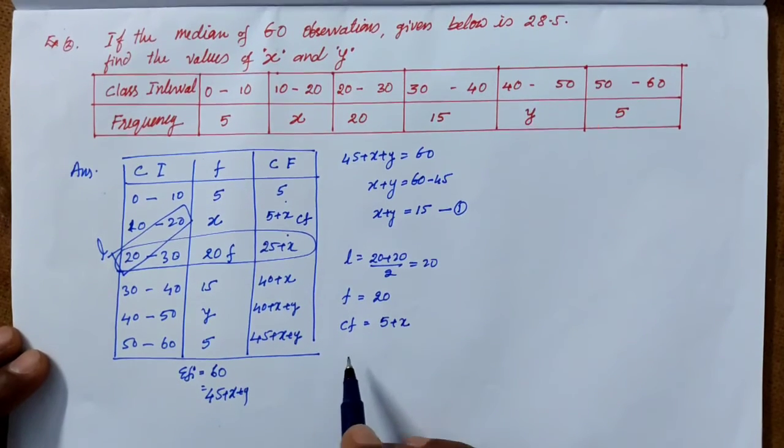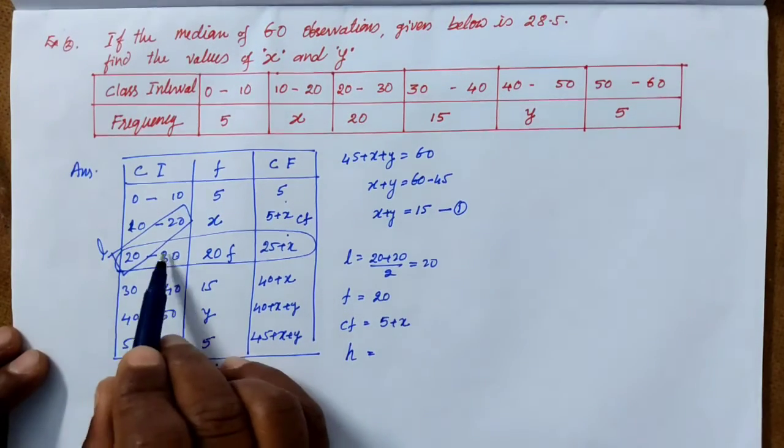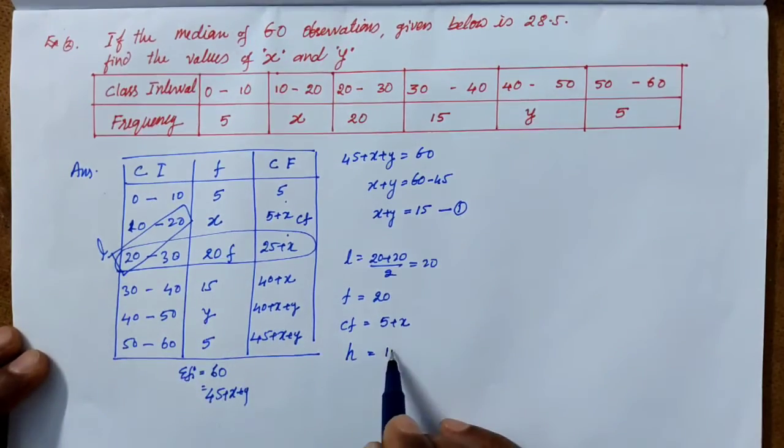And what is h? The length of the median class. So 20 to 30, the length of this median class is 10.